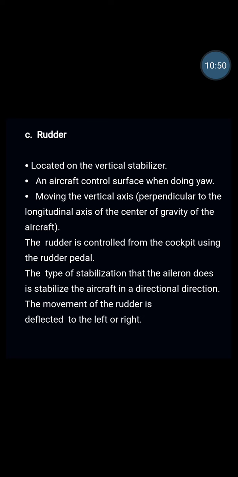The type of stabilization that the rudder does is stabilize the aircraft in a directional direction. The movement of the rudder is deflected to the left or right.